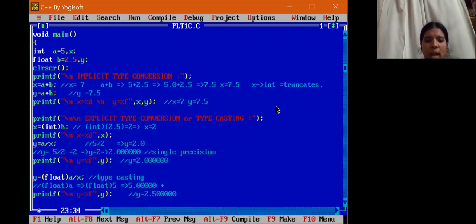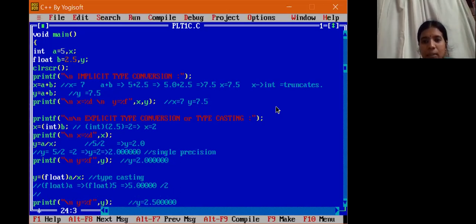Now when I want to divide it by 2, a is 5, now you make it 5.0 by 2. Again, here you need an implicit conversion because float by integer again calls for an implicit conversion. The integer value 2 is automatically upgraded to 2.000000.